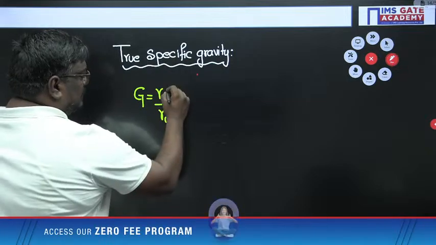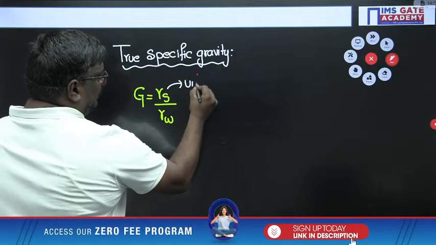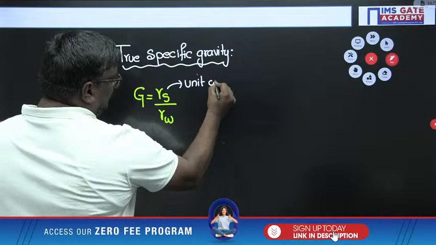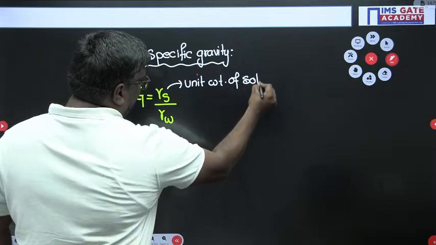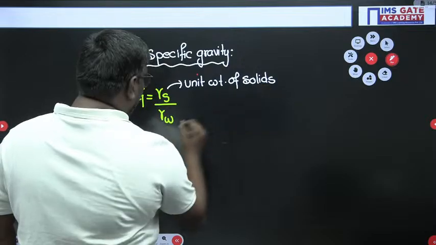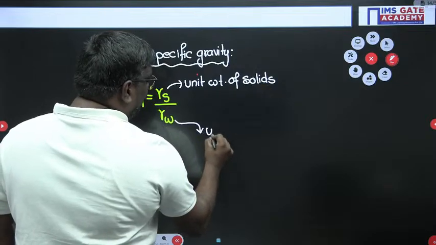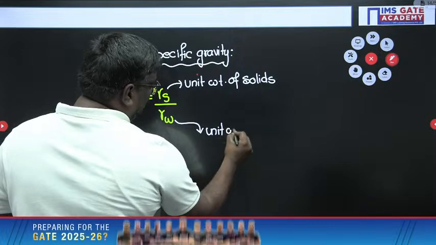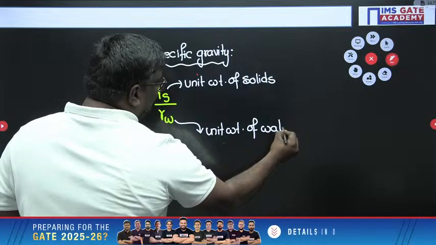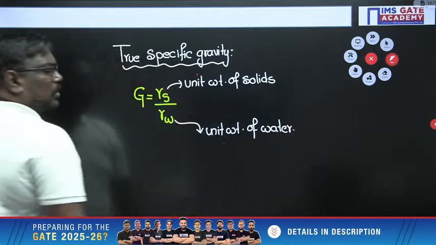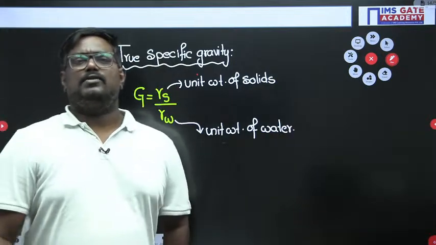What is gamma_s, sir? It is nothing but the unit weight of solids. What is gamma_w? Unit weight of water. So for a given soil, true specific gravity is also constant. Why? Because constant upon constant is always a constant.